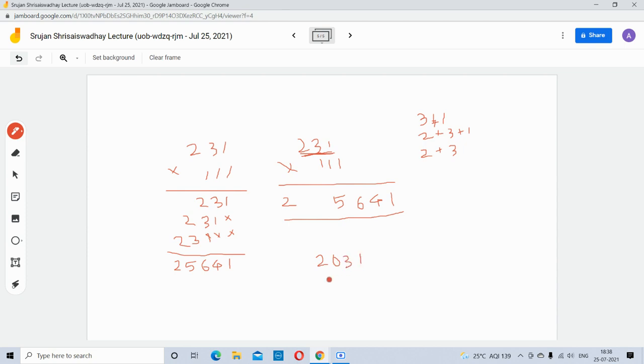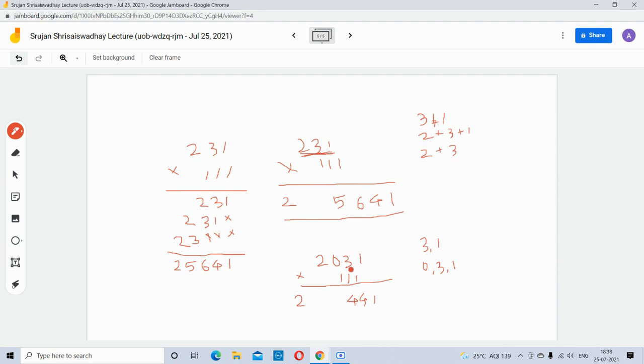So if the number is, let us consider, 2031, and you are multiplying it by 111, so what will be your number? So the leftmost digit as it is and the rightmost digit as it is, then you are going to add 3 and 1. So you are starting from this one, so that comes out to be 4. Then you are going to add 0, 3 and 1, so the number comes out to be 4.